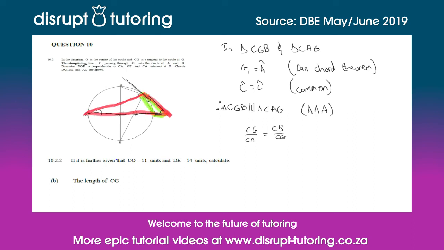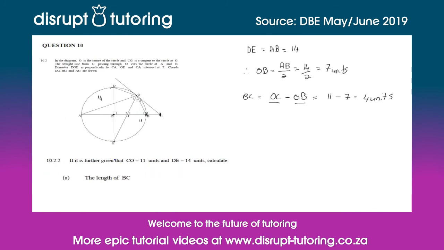So using that fact, we can substitute. AB, remember in the previous question, was 14 units from over here. Remember, we stated this.